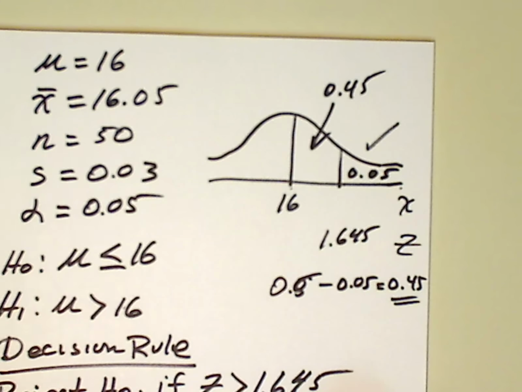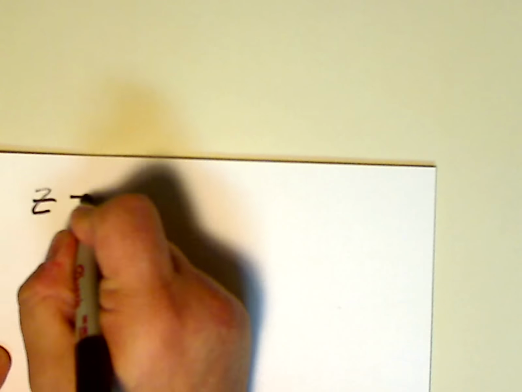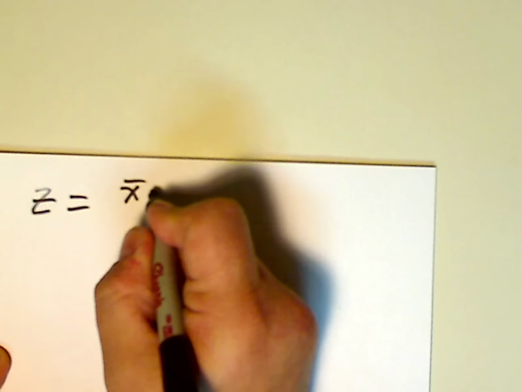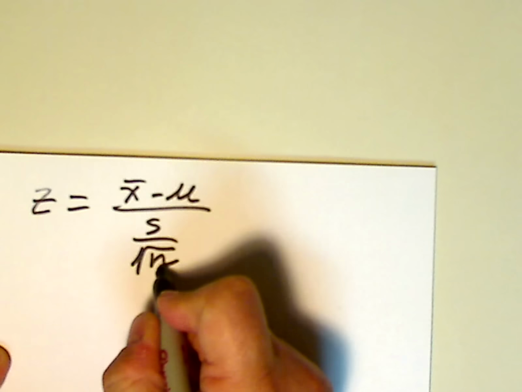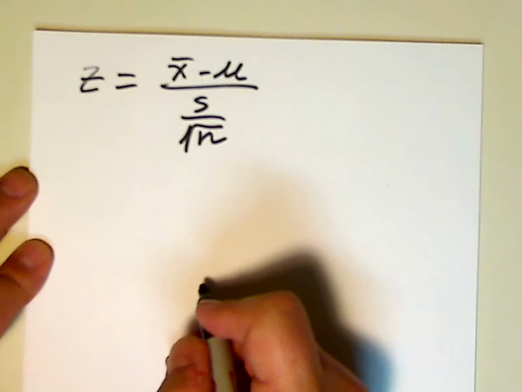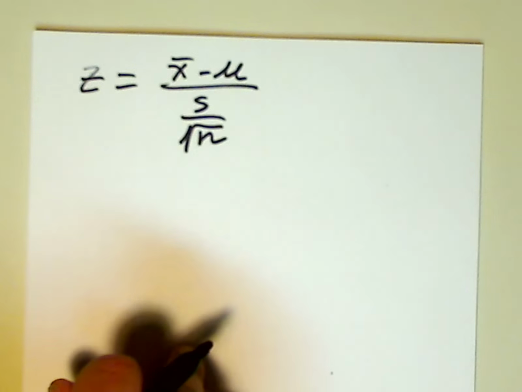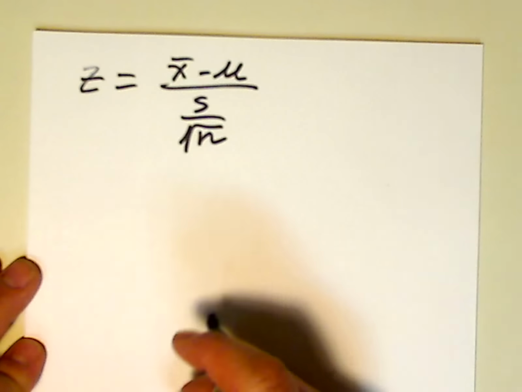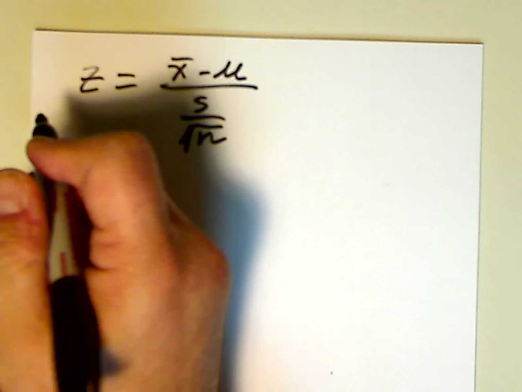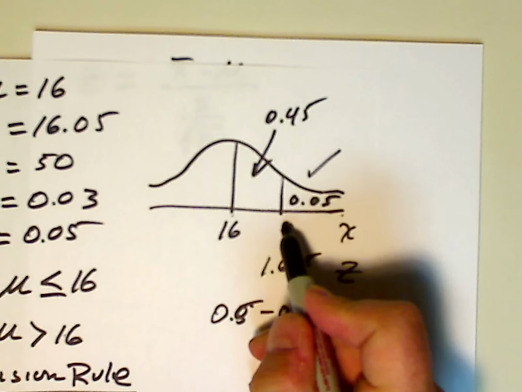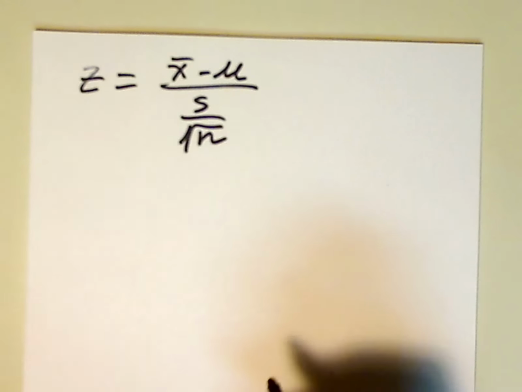Now, what's the x value associated with 1.645? Well, we can determine that. Remember, our equation for z is equal to x bar minus mu over s over the square root of n, the standard deviation over the square root of n. If we fill in our numbers, we already calculated z. We're interested in the x value associated with z of 1.645, the cutoff point.